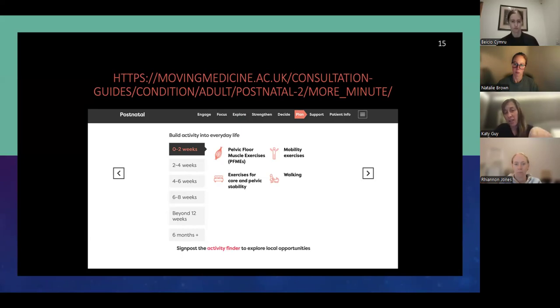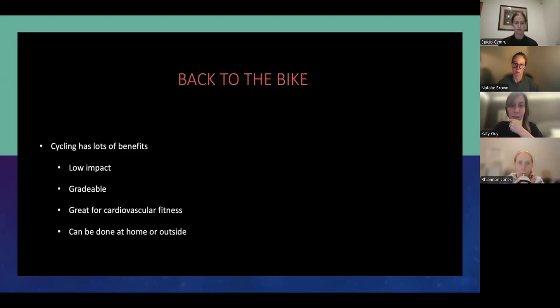And then you just highlight the weeks you're on. It'll give you those, and then you can click into each of those activities. So it's quite a nice website, and it's kind of built by some sports and exercise medicine consultants. So it is all medically approved.